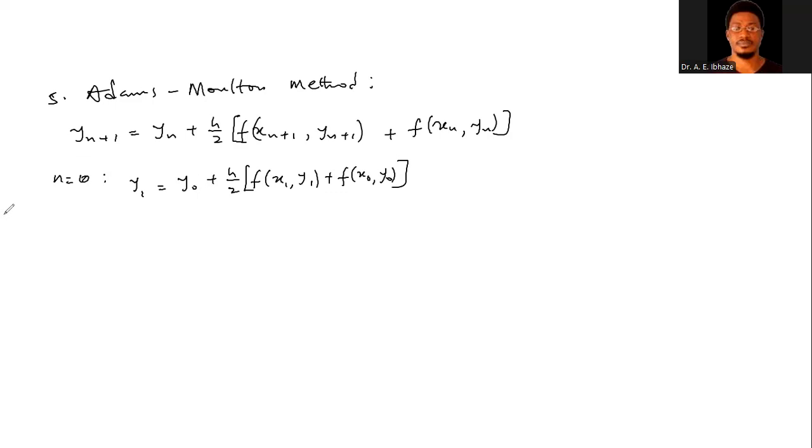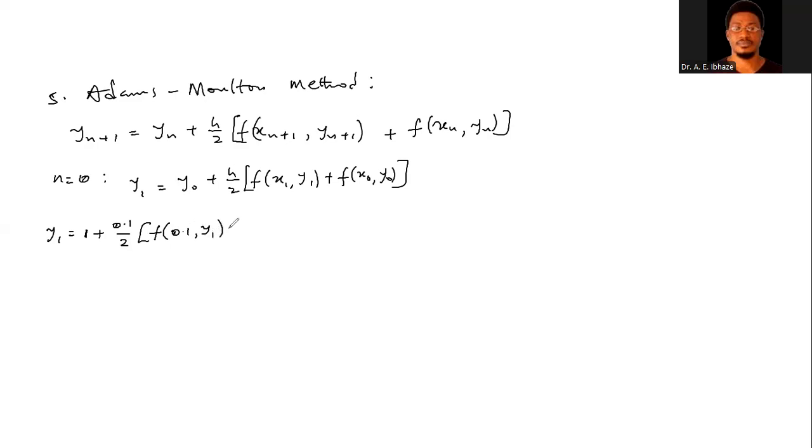Okay. So from this, y1 will now be the same as 1, which is y0, our initial condition, plus the step size 0.1 divided by 2 into bracket f. Now we know s1 based on the step size. So if s0 is 0, based on the step size of 0.1, s1 will be 0.1. So 0.1, but we don't know y1.